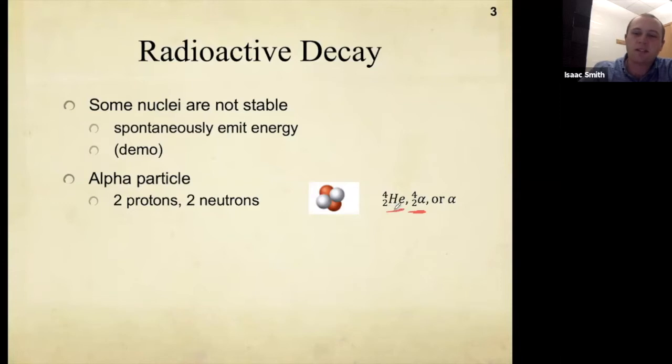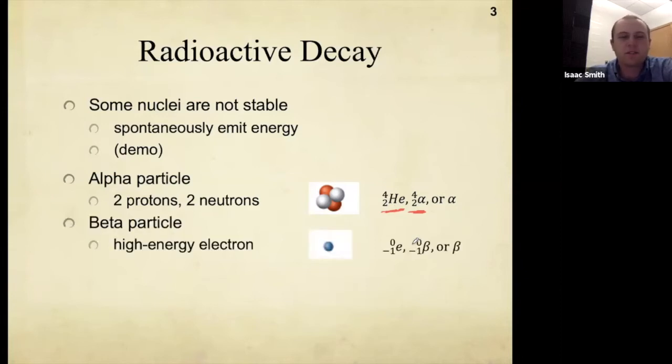It's also written like this, just because you're really losing the nucleus of a helium atom when this happens. The next one is a beta particle, considered a high energy electron.